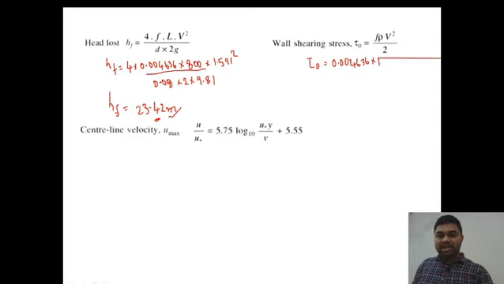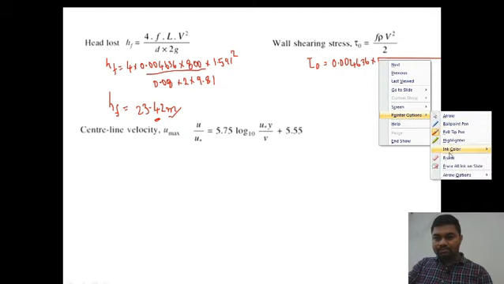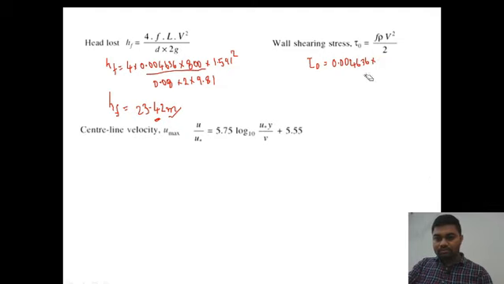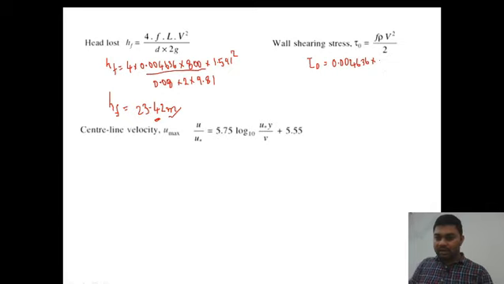Rho is density, that is 1000, into V square divided by 2, where V is 1.591.